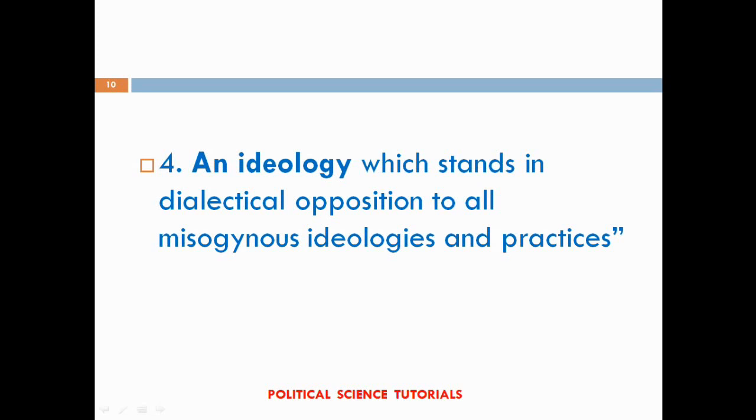The third point asserts that society is based on a sex class system, and feminism is a social movement of strategic confrontations with the sex class system at its center. And another important thing is that this theory stands against misogynist, or woman-hating, ideologies and practices.